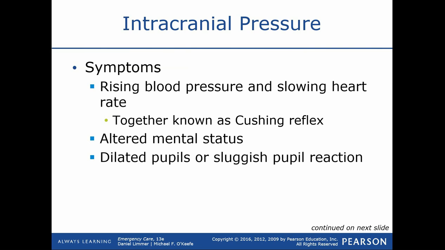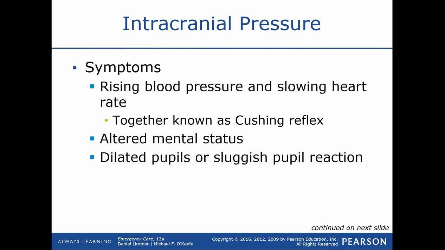And what that does is that continues to increase the pressure, and we'll actually start to see a widening pulse pressure. If you remember back to the thoracic chapter, we talked about a narrowing pulse pressure for pericardial tamponade. Now we're talking about a widening pressure with these head injuries, where the systolic pressure starts to rise and rise and rise.